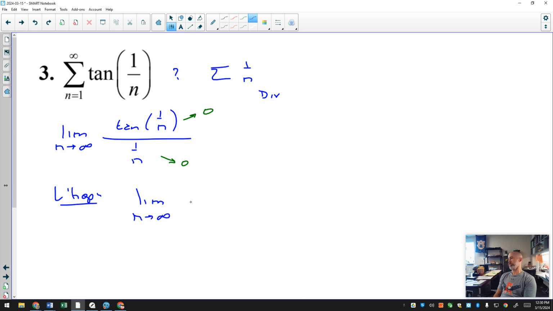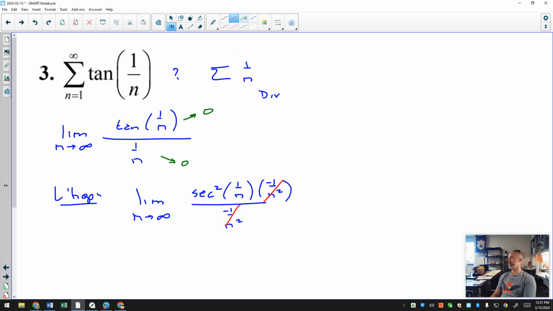So the limit as n goes to infinity of the derivatives of top and bottom: the derivative of tangent of 1 over n is secant squared of 1 over n times the derivative of 1 over n, which is negative 1 over n squared. And the derivative of the bottom is negative 1 over n squared. Those negative 1 over n squareds cancel.